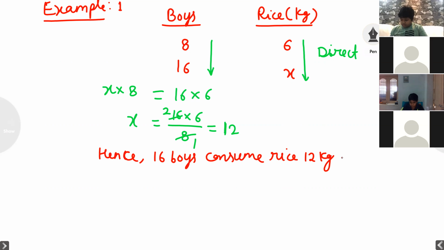I hope you are clear how we are doing cross multiplication. X into 8 is equal to 16 into 6. X into 8, into means multiplication, so the quantity becomes division. It will come in the denominator.